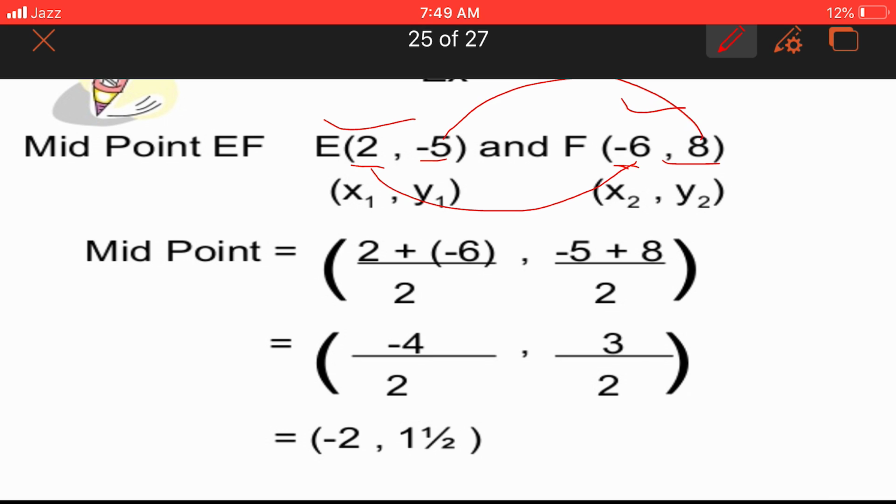Then just do the maths. Minus 6 plus 2 is minus 4 upon 2, which divided gives minus 2, and 5 plus 8 is 13 upon 2, which is 6 whole 1 upon 2. This is the coordinates of the midpoint.